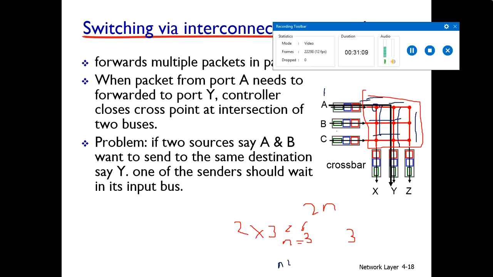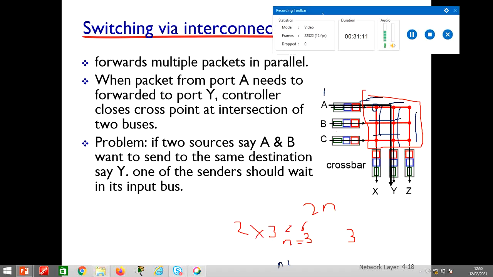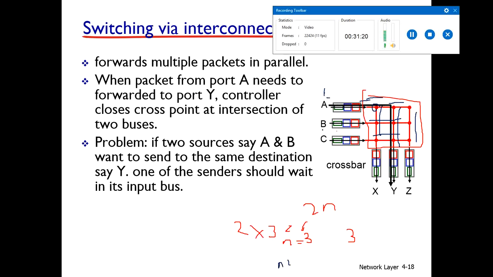So let's check with this example which is given over here. For example, when a packet from input port A needs to be forwarded to port Y, it must travel on this horizontal bus, right? When it arrives at this intersection, the controller closes the crosspoint at the intersection of the two buses and it is transmitted.